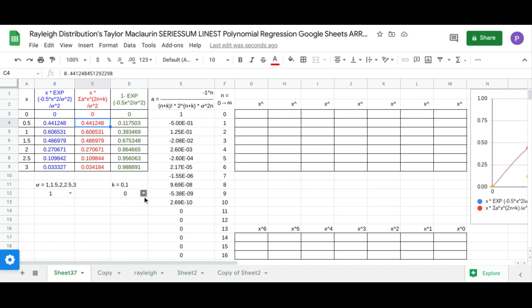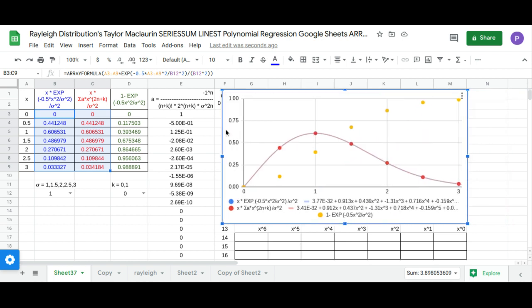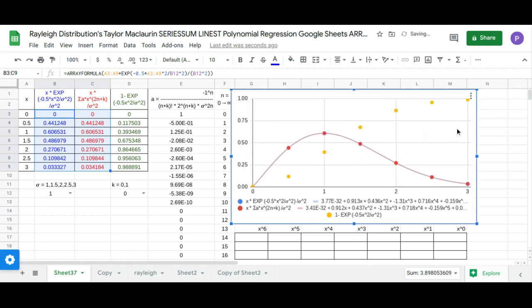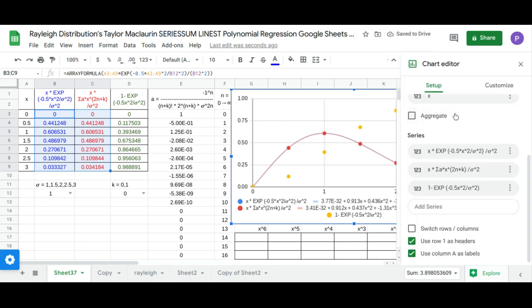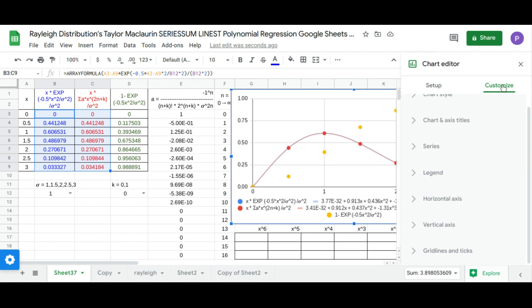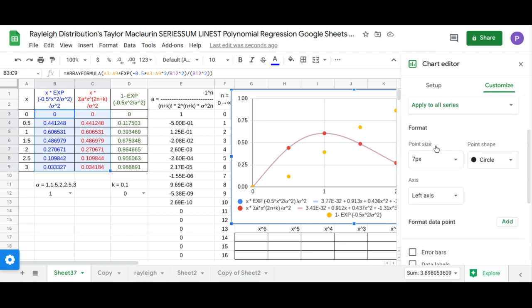So we can toggle this at k equals 0 or k equals 1. They're the same. And we show the trend line. So we'll modify this series.